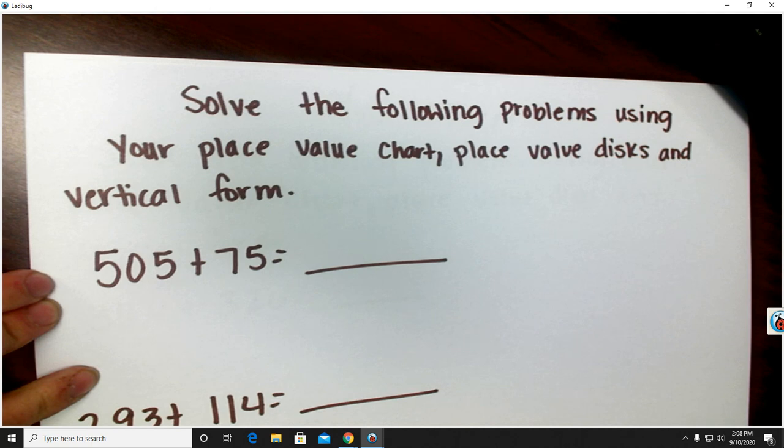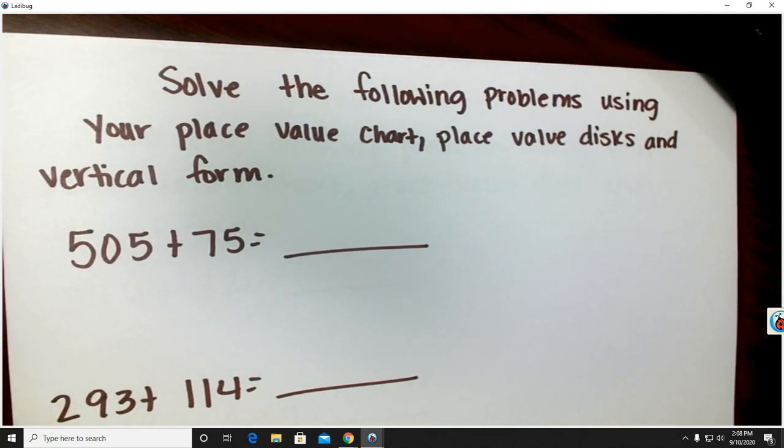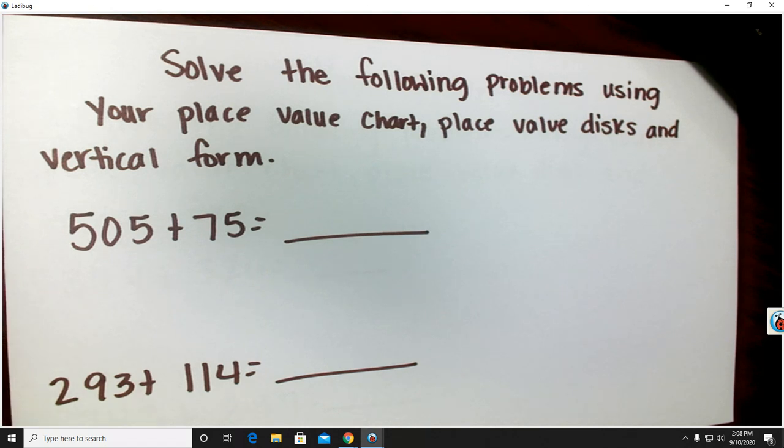So the directions say solve the following problems using your place value chart, place value disks, and vertical form. If we were actually in school, you would be using a place value chart and place value disks. But since we aren't in school, we're just going to improvise and draw one on our paper.